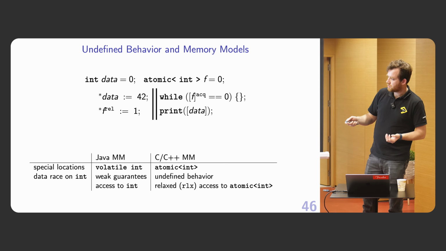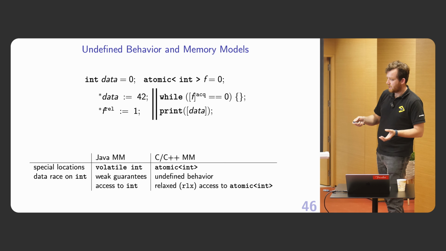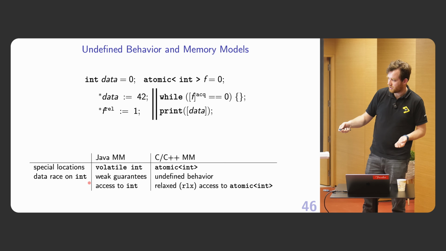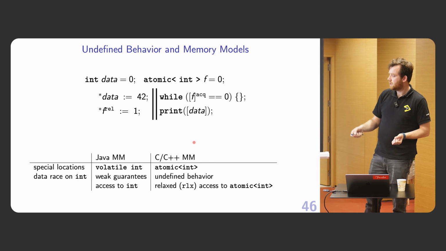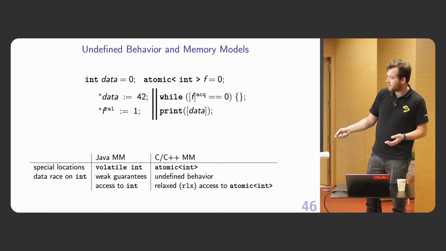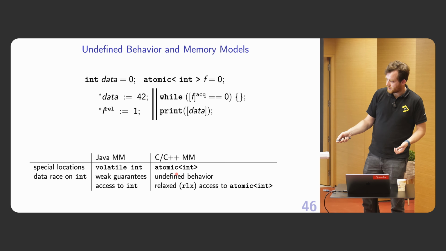If you want to have usual accesses with arrays in Java, you could have normal access on a normal int. In C++, if you don't want to provide any synchronization, like in this case, but still would like to have defined behavior, not undefined behavior, you would have to mark your location as atomic and accesses as relaxed.